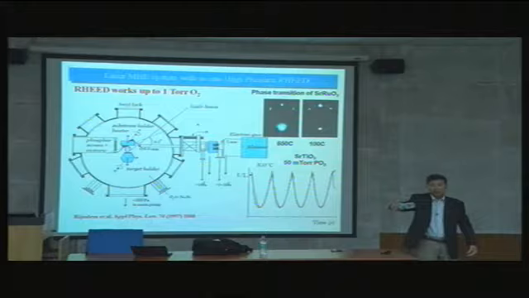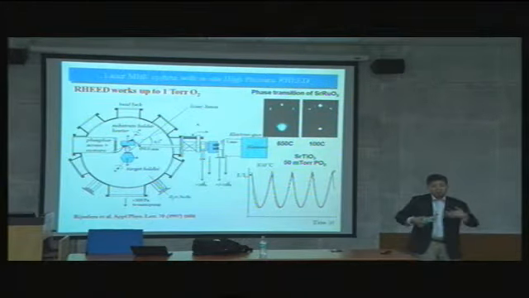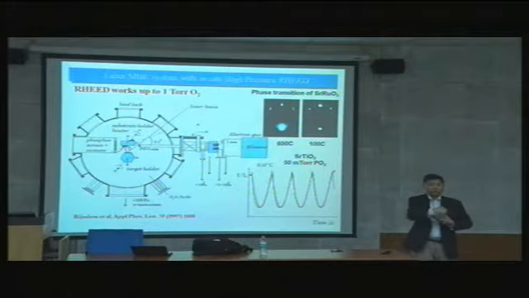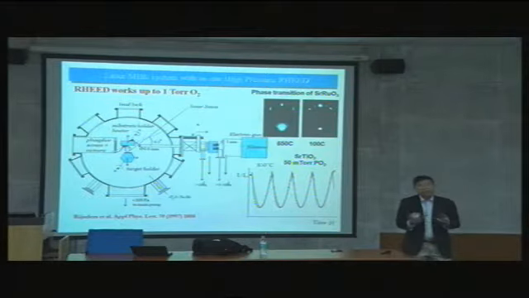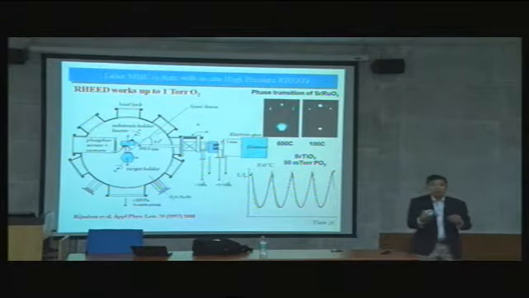Then think about it: the beam comes here and you have to focus on the target surface. This region is very long. This region will be in focus, and if you want to focus this region, this one is over focus. This is a serious problem of the PLD system. You don't want to have under focus and over focus.